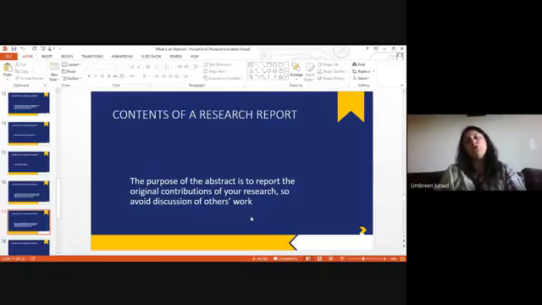You are not supposed to do that. You are actually writing the abstract of your work. So you have to add the important details of your work, not of others. So please, when you write the abstract, kindly report just the original contributions of your work, meaning what you exactly have done in your work, and don't discuss others' work.